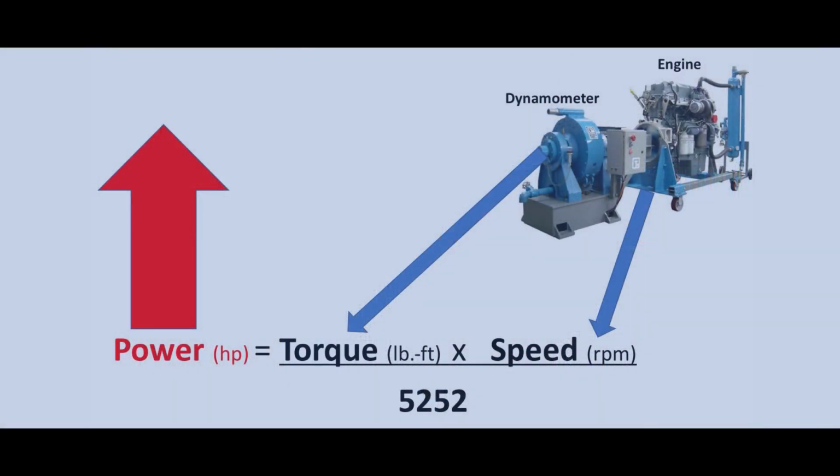And from that, we calculate power, because power is torque times RPM divided by 5252. That seems like a strange formula, but power is related to torque and speed. And so we can only get to power by knowing what the torque is. And we calculate power from that.